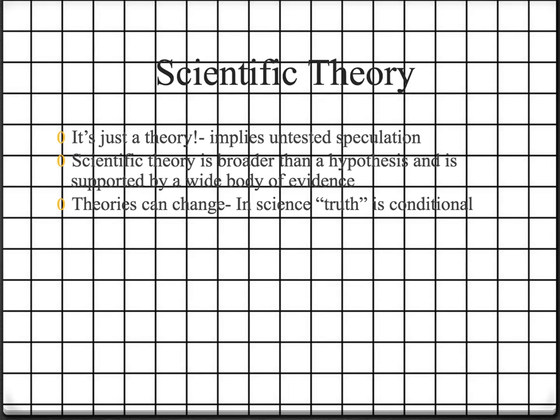A scientific theory is bigger than a hypothesis, and it's usually supported by a wide body of evidence, lots of different pieces or lots of different hypotheses that have been accepted go into making a theory. And sometimes a theory can change. In science, truth is conditional until we find something that disproves it.